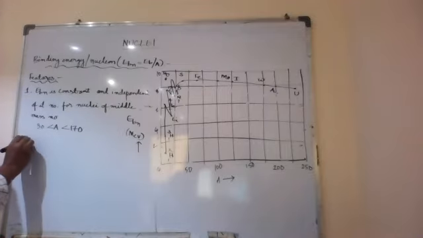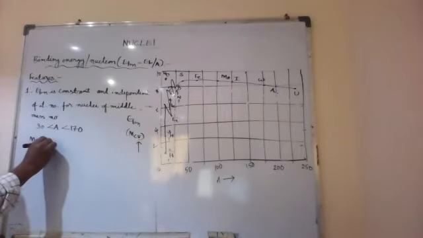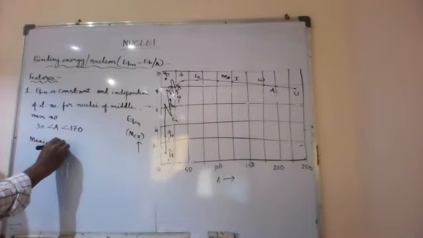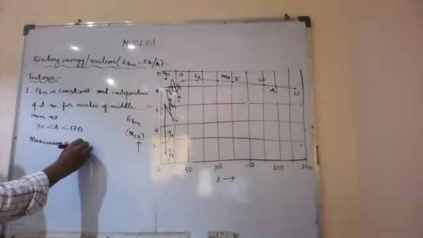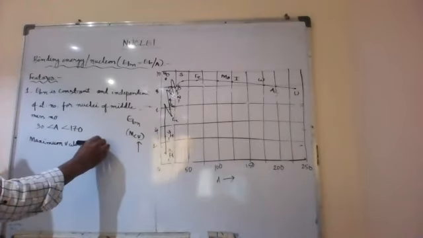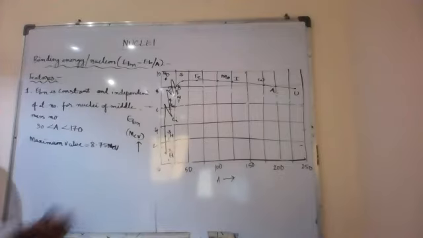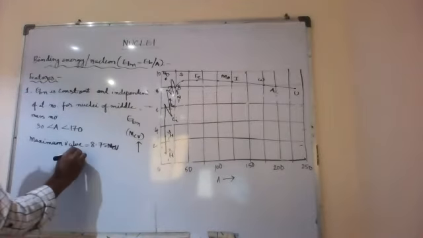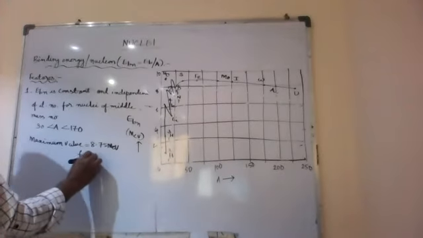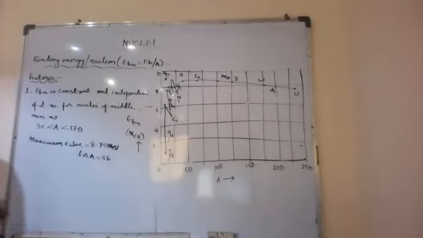And the curve has a maximum. The maximum value is 8.75 MeV, million electron volt, for A equal to 56.